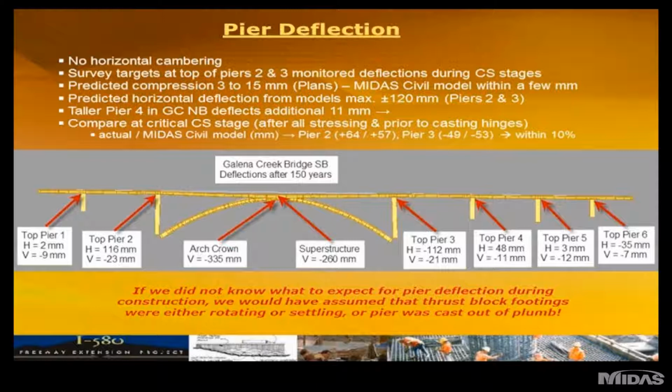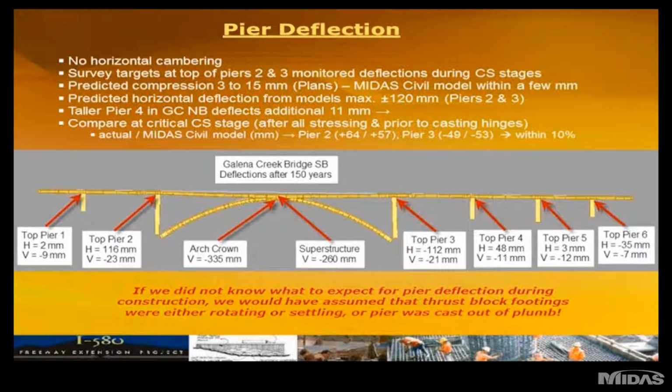So by modeling the structure as accurately and as detailed as you can, it allowed a DOT owner to get an idea that yes, something unique was going to happen with the structure, and more so than any other structure. Typically, if a pier is surveyed on most projects, if it's within a few millimeters, everybody is fine. If you survey a pier and it's 4 inches out, people will really start to wonder what's going on.